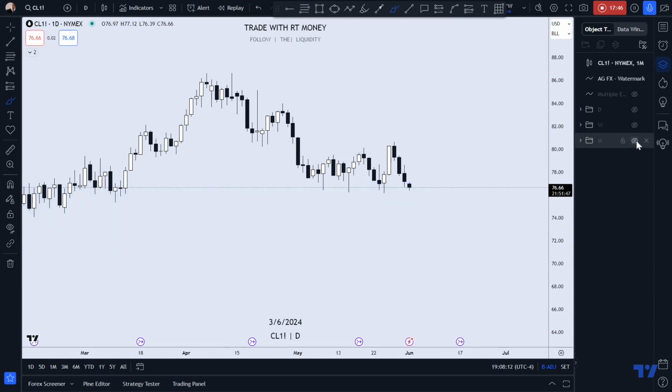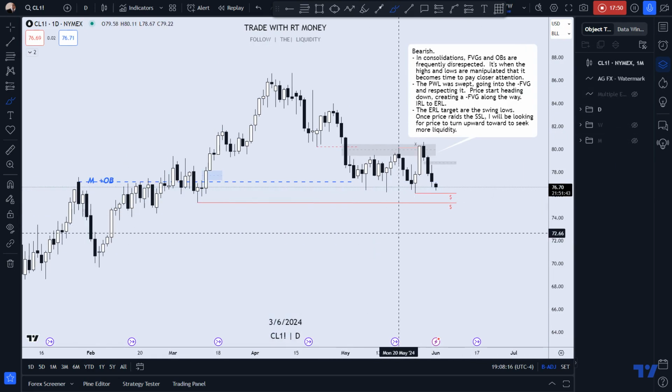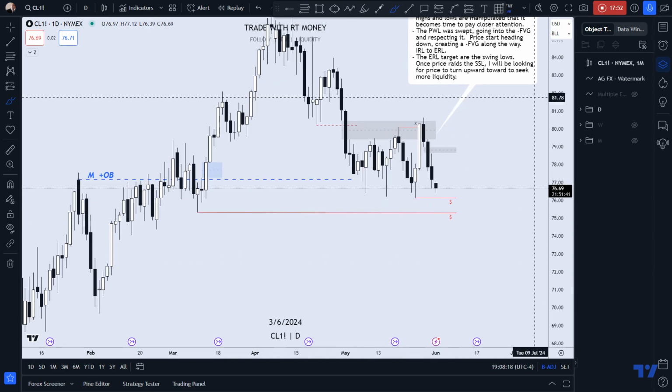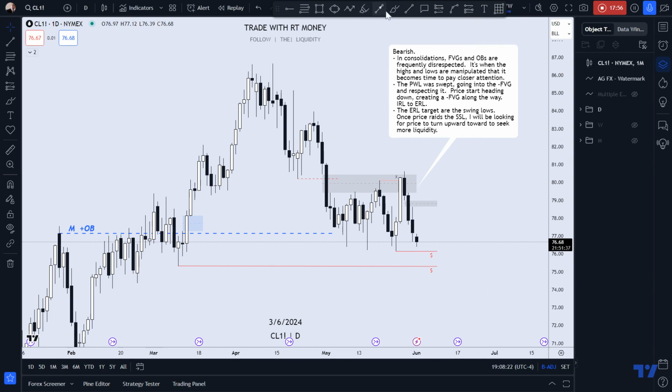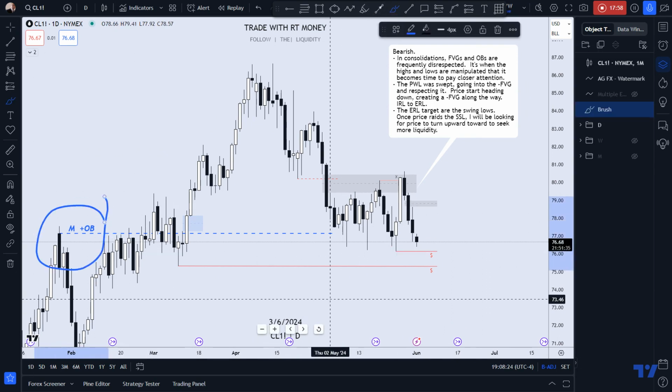All right, let's go to the daily. Let's go to the daily, and that's not the daily. Work with me. You can see the notes again. But what I want you to see is the monthly order block here. I'll flash it for you. That's not flashing. Okay, because that monthly is down lower.